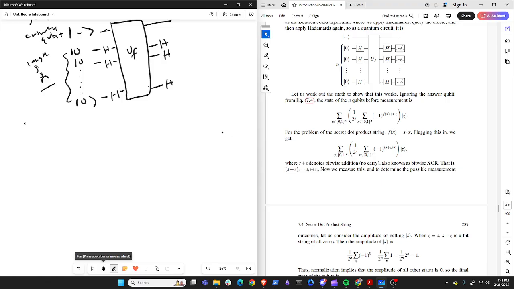So basically we have a summation over z, a member of 0 and 1, n times. So z is of n length, and it has either 0 or 1 for each element in that n length. This should look familiar to what we went over yesterday with Deutsch-Jozsa.